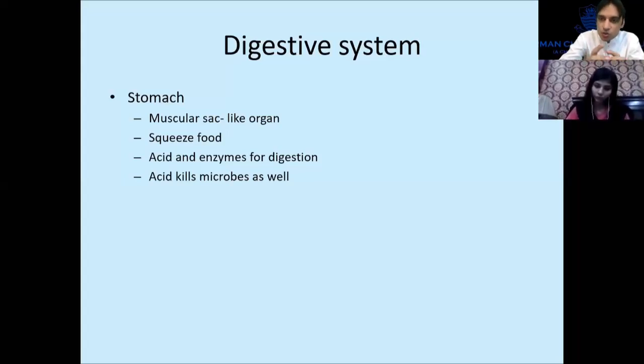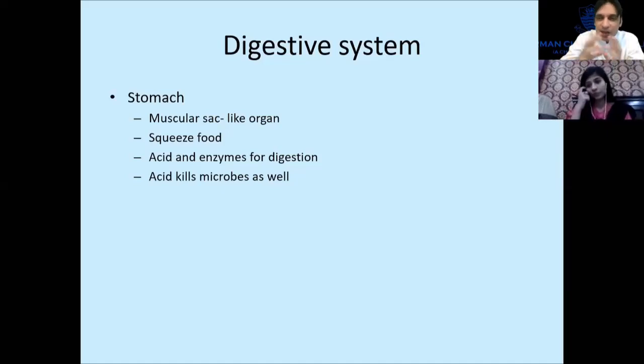So the gastric juice plus food, together with the action of the stomach, convert the food into a semi-digestible material called chyme, C-H-Y-M-E, chyme. The most important thing you need to know is that the stomach digests the food by two mechanisms.